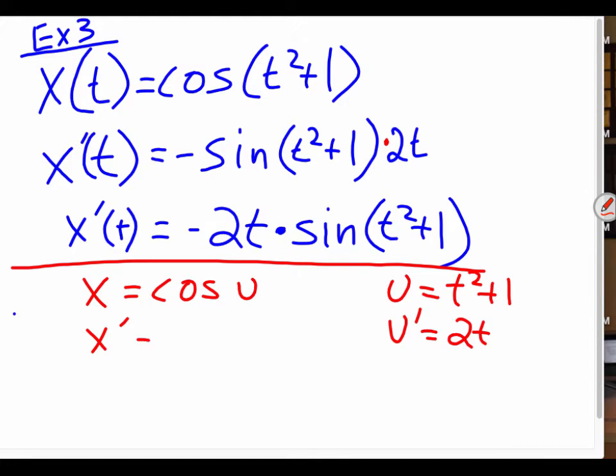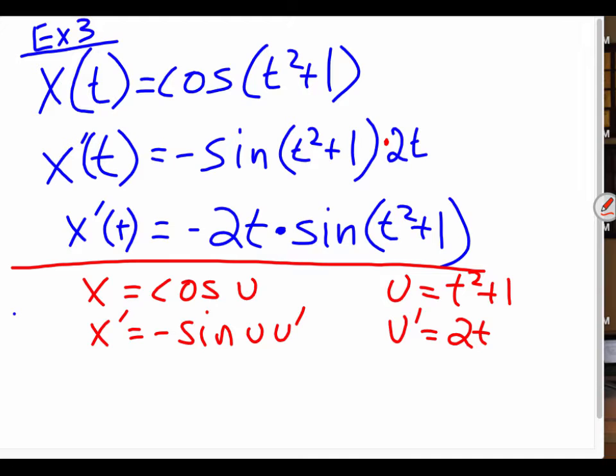So x prime would be, what's the derivative of this? Negative sine of u. Now, here's one thing that we haven't done a lot of. I need to let you know that this is a derivative of u, so I would write u prime on the end. U and then u prime.